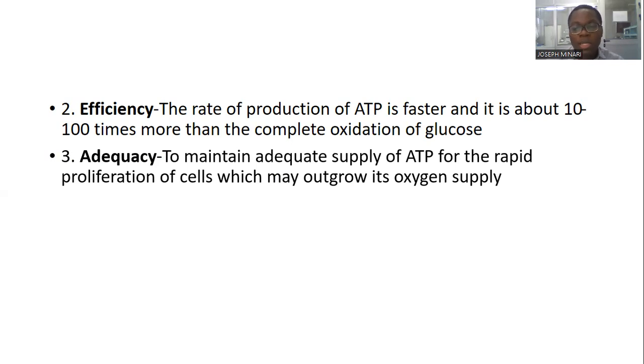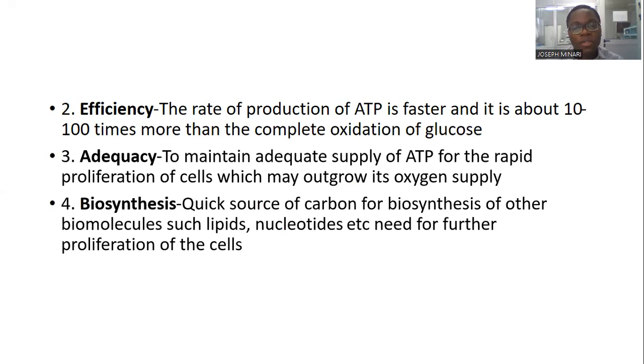So this actually ensures that ATP is being supplied adequately to the proliferating cells. And also for biosynthesis, it serves as a quick source of carbon for biosynthesis that is needed, also for the proliferation of the cells. So these are some of the reasons that have been given for the Warburg effect.